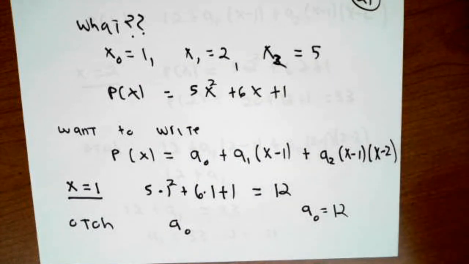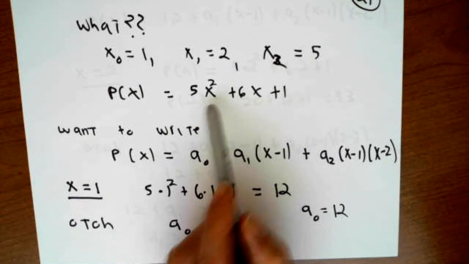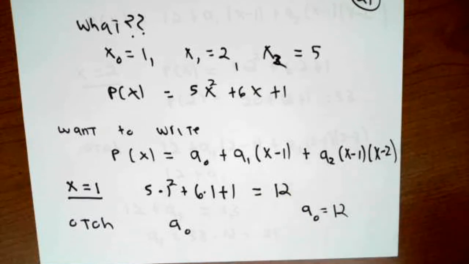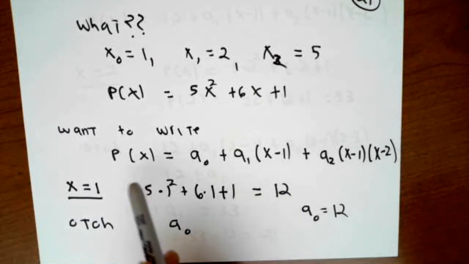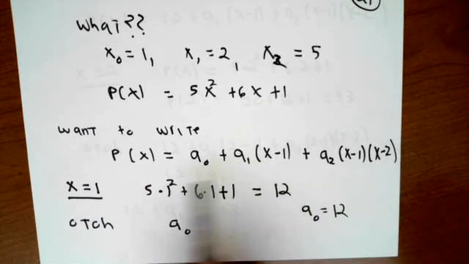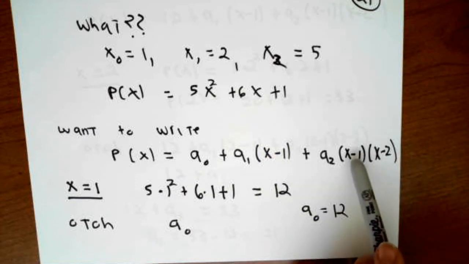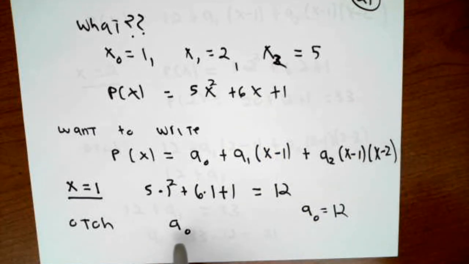So on the one hand, when I look at x equal 1, in my original version of my polynomial, 5 times 1 squared plus 6 times 1 plus 1 is 12. On the other hand, if I have a polynomial in this format and I evaluate it at x equal 1, this term will be 0, and so will that one. And that says that a0 has to be 12.